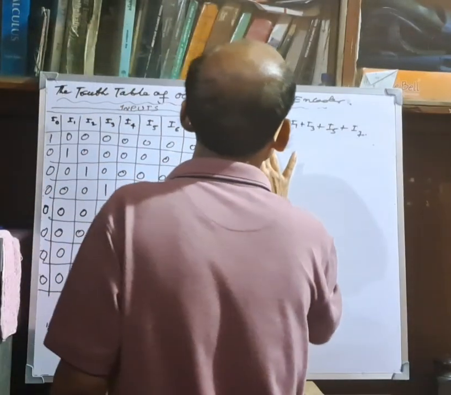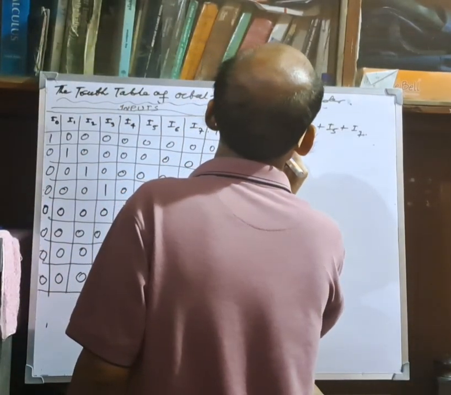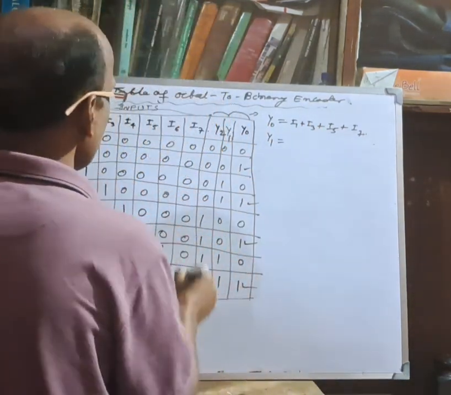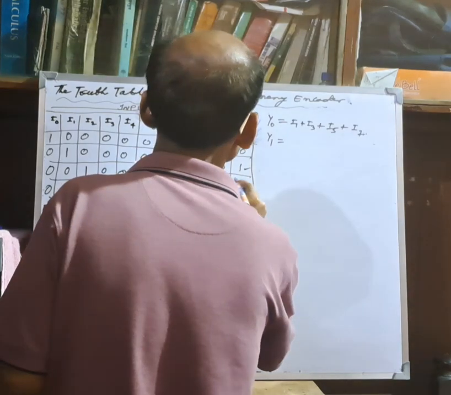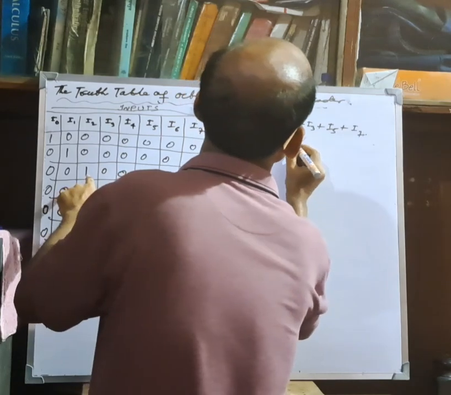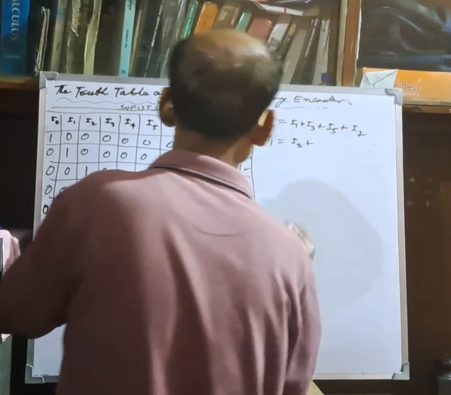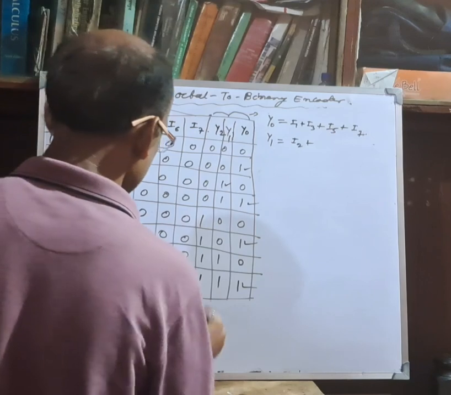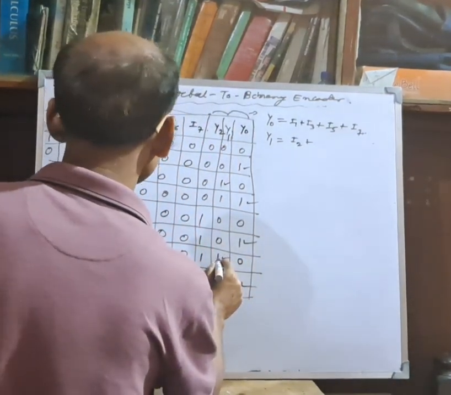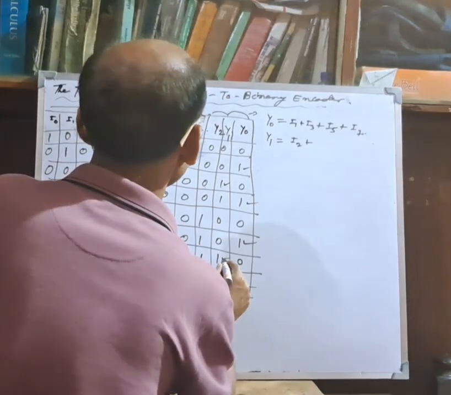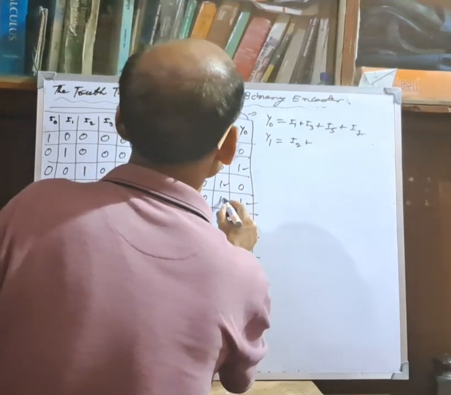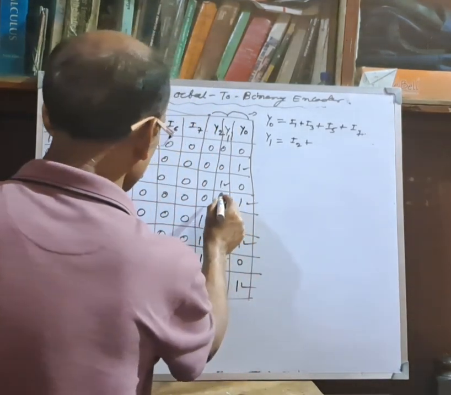Now you just see here Y1, only 3 outputs I will have to check. Y1 is, you just see here, 1. So in 1 I am getting here I2, and at this point this is high. So I1 at this point is also high. It was skipped from my mind.